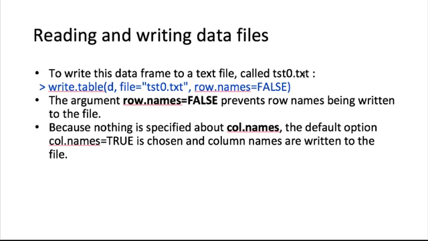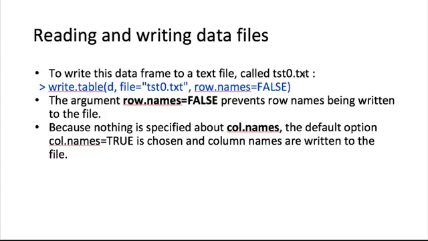Whatever I save here. So write.table, that's the command I'm going to use. And then what am I writing? I'm going to write this data frame that I created called d to a file, and I'm giving the file a name, tst0, and it's a text file, so .txt.